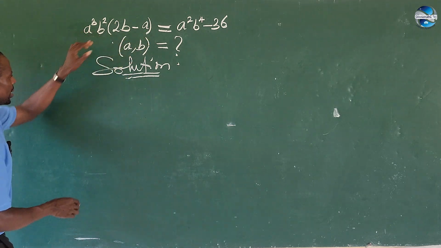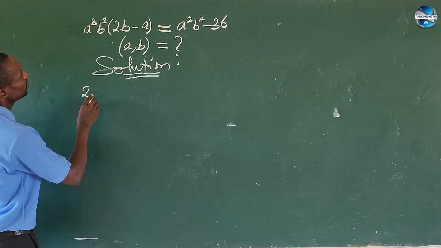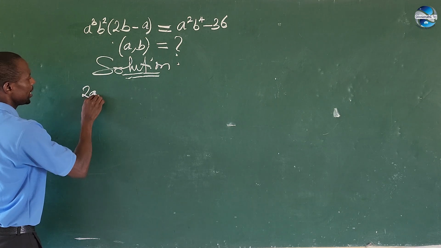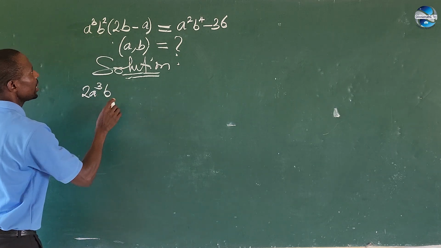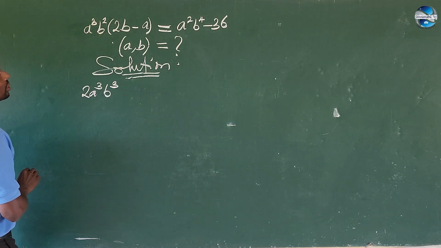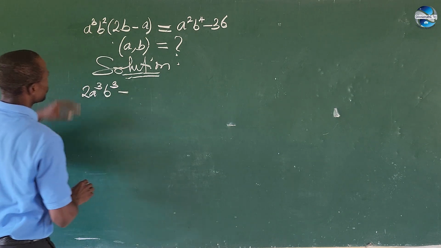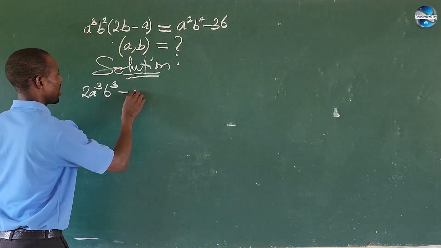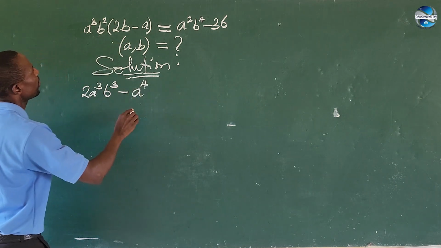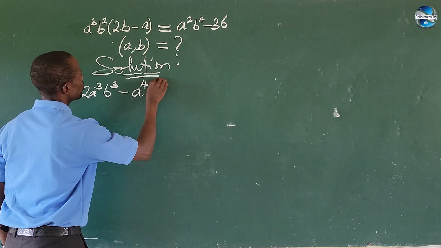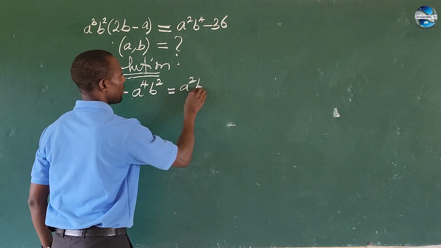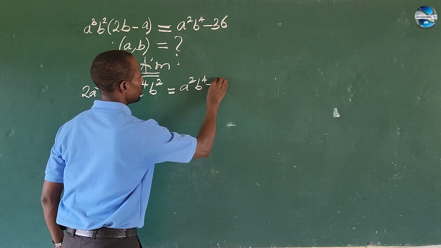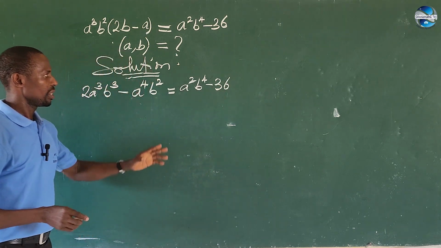So if we do that, this will give us 2a to the power of 3, b to the power of 3, then minus a to the power of 4, b squared, everything equal to a squared b to the power of 4 minus 36.